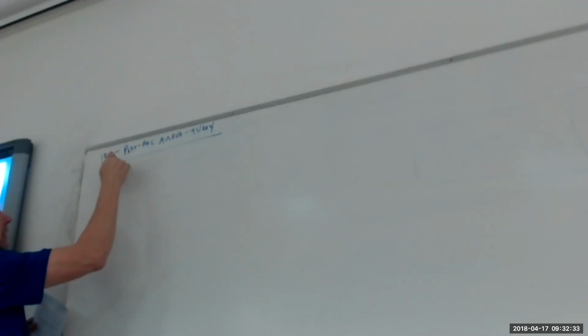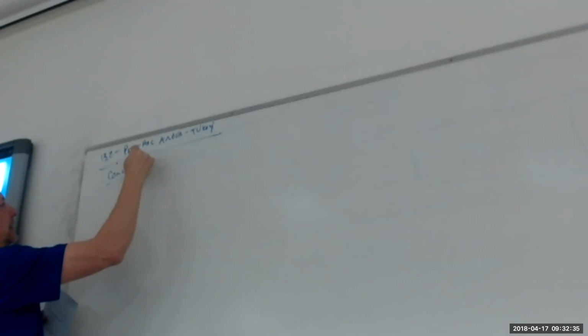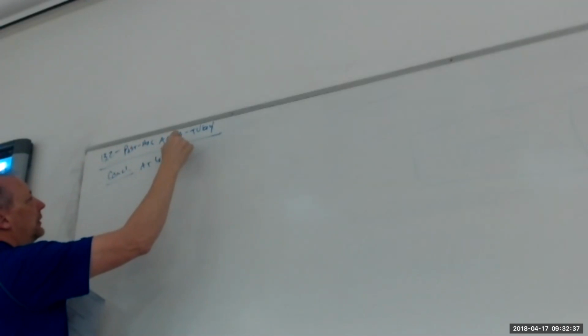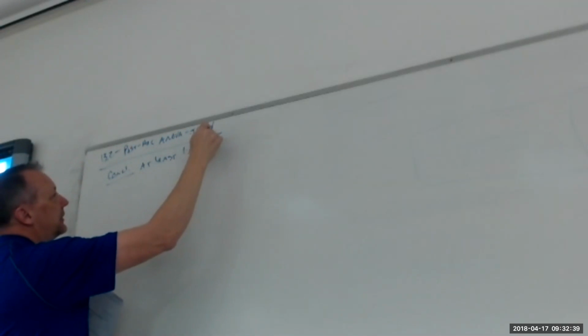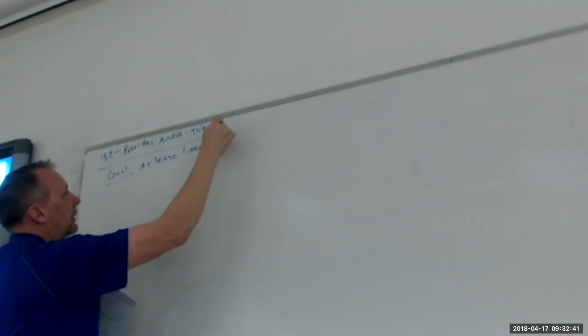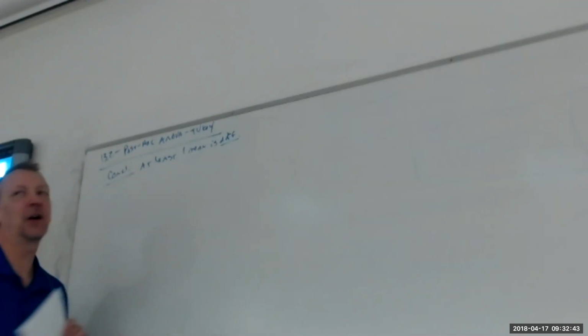Tukey, like turkey only without the R. Tukey test. So the idea here is you've just come up with your conclusion that at least one mean is different, and now we want to figure out which mean is different. That's where Tukey comes in.